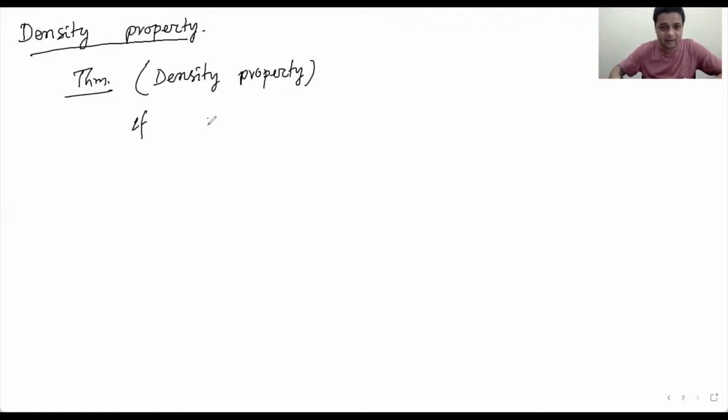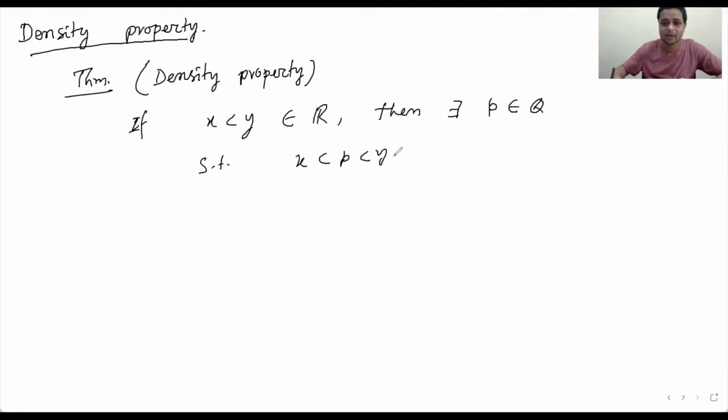If x less than y belongs to R, so if x and y are any two real numbers where x is less than y, then there exists some rational number p in between x and y. That is, there exists p belonging to Q such that x is less than p less than y.